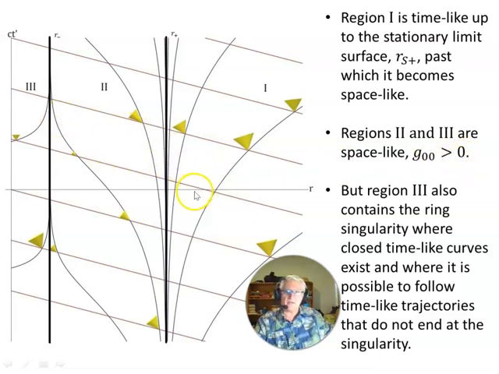They're all space-like. But really the space-like region starts out here in region 1, just inside the stationary limit surface. On the stationary limit surface, g00 is 0, and just inside that, as it crosses, the time-like component becomes space-like. So that becomes a space-like region from there in all the way to the ring singularity.